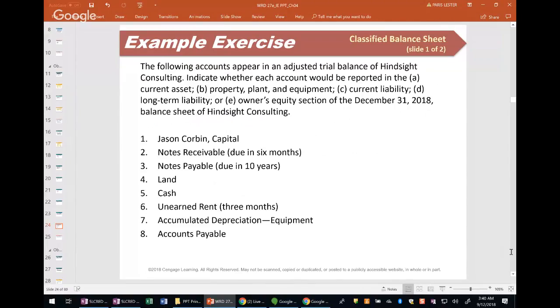All right, is this a current asset, property, plant, and equipment, current liability, long-term liability, or owner's equity? How about Jason Capital? Owner's equity. Notes receivable due in 6 months? Current asset. Notes payable? Long-term liability. Land?